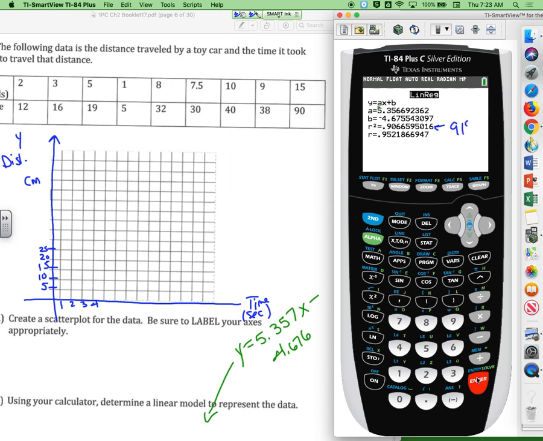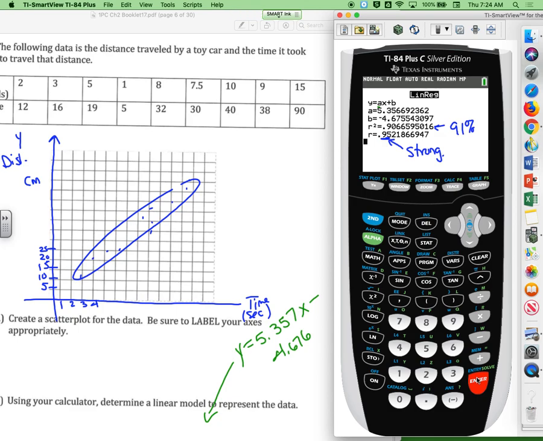So 91% of the distance that was traveled is directly related to time as opposed to something like friction or something like that. And your r value is 0.95, which is really close to 1. So this is strong. It's a strong correlation. When we do our scatter plot, all of our points are going to be pretty close together. And it's also positive, so it's going to be going up from left to right.